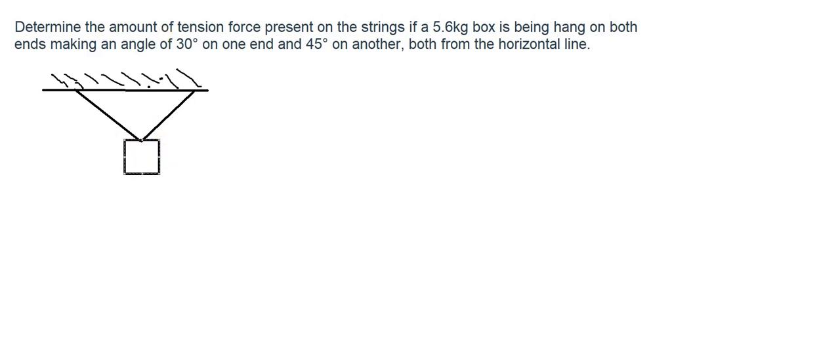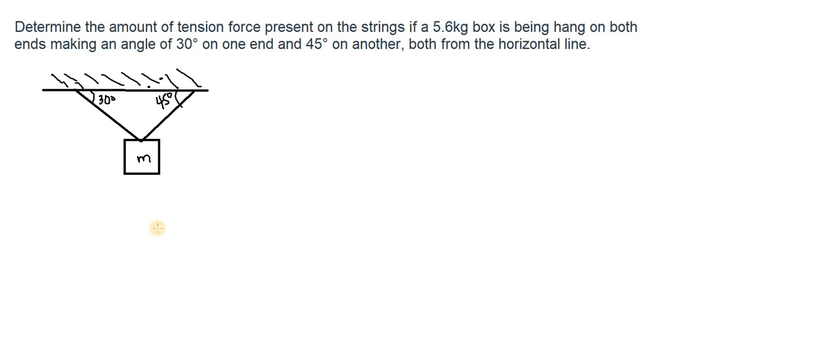Let's label this one: this is the 30 degrees on one end, and then we have 45 degrees on another end. And of course this object has its mass equal to 5.6 kilogram.